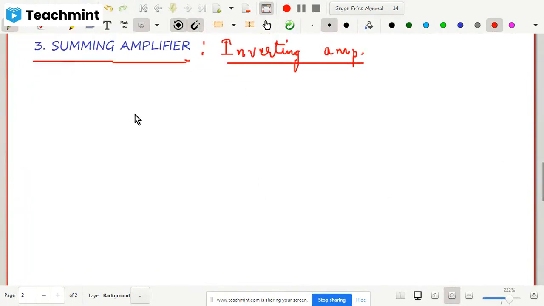I'm giving different inputs here. Let me draw the first input, which I'm giving through this resistance R1. This is my second input, given through resistance R2. And let us say this is our third input.